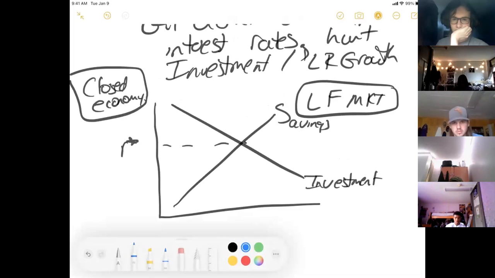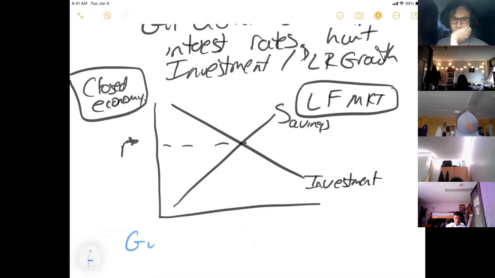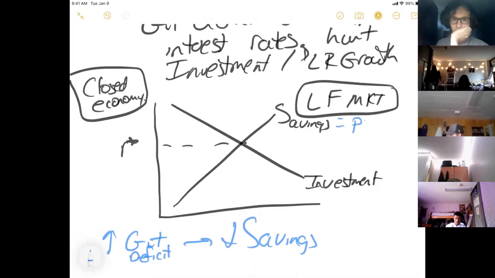What happens when the government runs bigger deficits? That reduces savings in your economy. Part of the savings is private savings plus government savings. And so when governments run bigger deficits, what they're doing is reducing total savings in the economy.